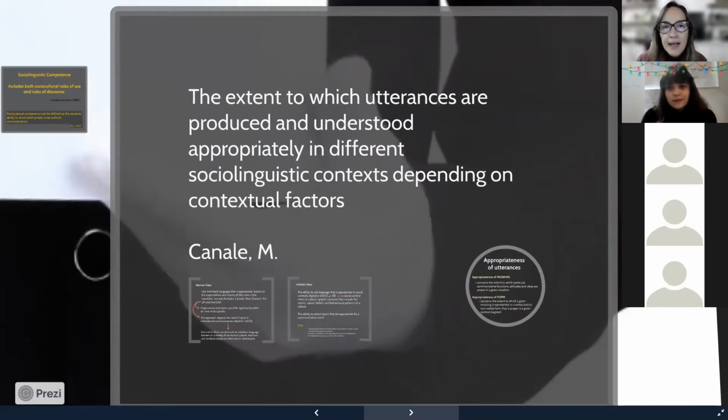Okay, another thing that we need to take into account is what Canales says. To be able to master sociolinguistic competence, it has to do with how we understand and how properly we use language, right? He says that it is the extent to which utterances are produced and understood appropriately in different sociolinguistic contexts, depending on contextual factors.